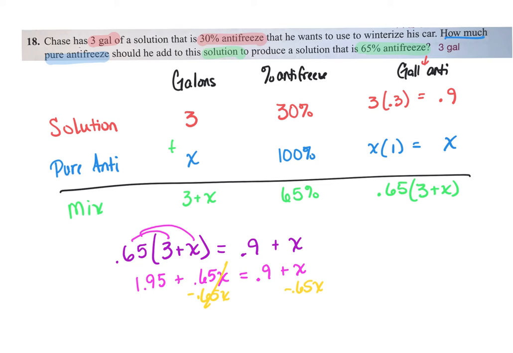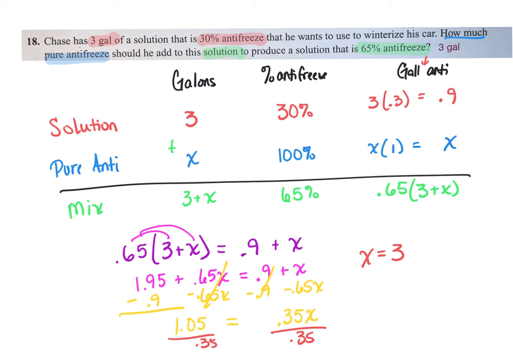It's going to cancel. 1 minus 0.65 is what? 0.35. All right, then I'm going to subtract my 0.9. That's 1.05. And what's my final step here? Divide by 0.35. That's going to give me 3.